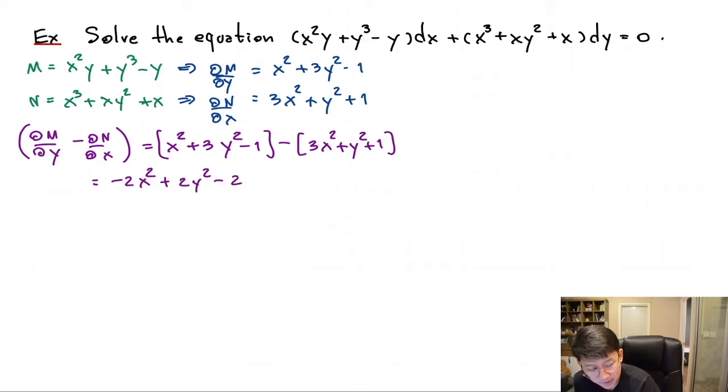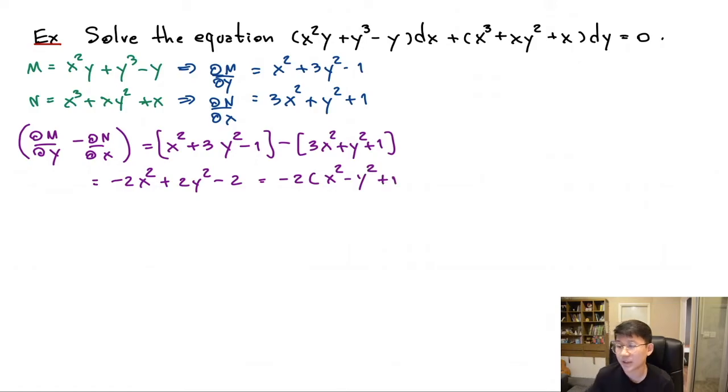I pull the minus 2 out, so I get minus 2 times x squared minus y squared plus 1.